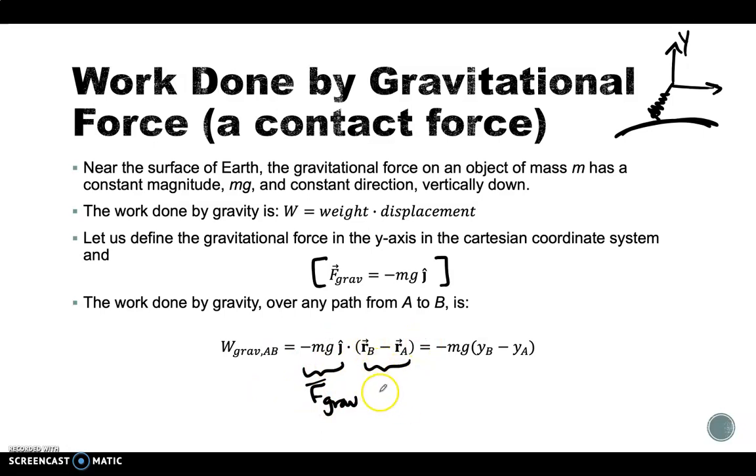This would be our r, our displacement. When we take that and apply the dot product, we obtain negative mg times y at B minus y at A. So this is our work done by gravity over some path.